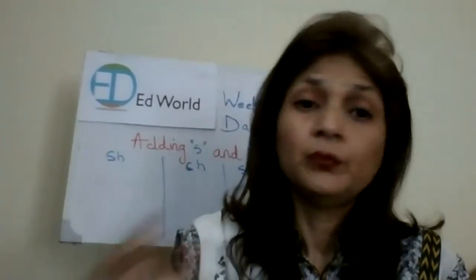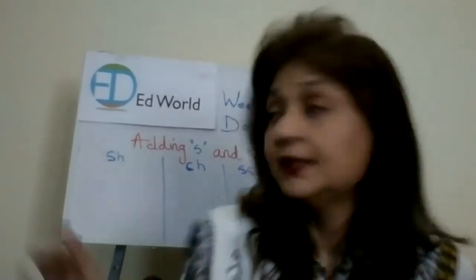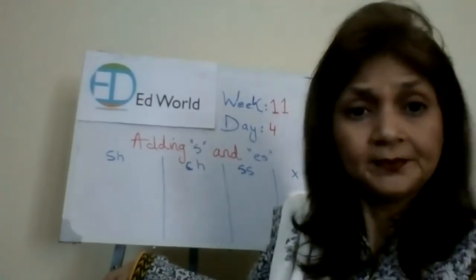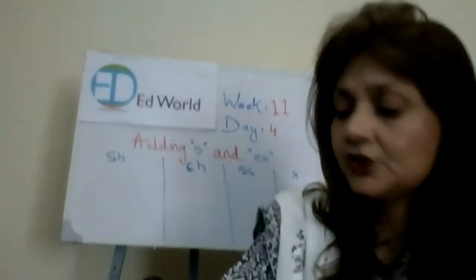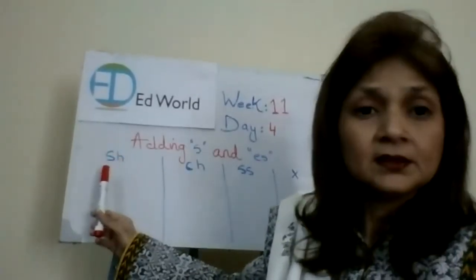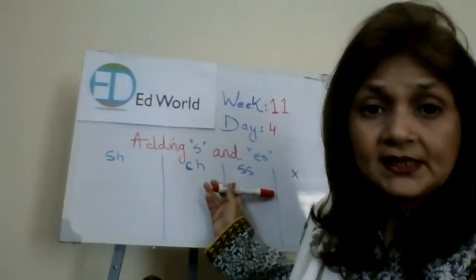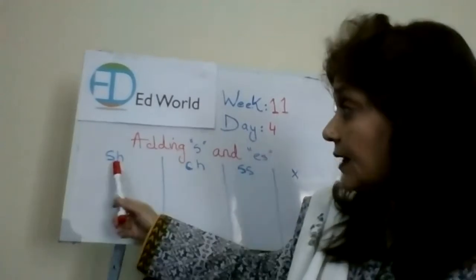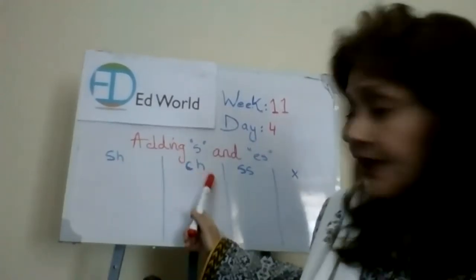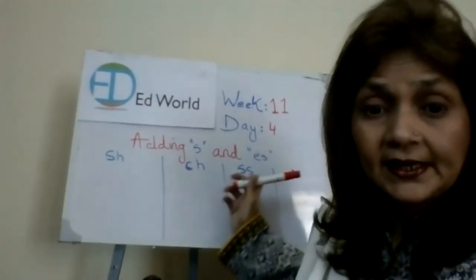Now, see, children, whenever there is a word that ends with, can you all see my whiteboard here? Yes, that ends with sh, ch, double s, and x. sh, ch, double s, and x.